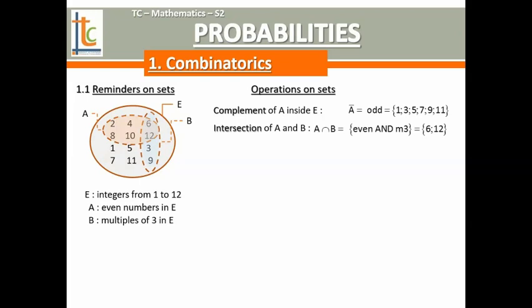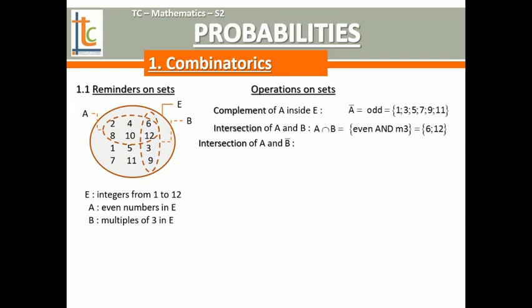And we can notice that the intersection corresponds to the logical term AND. If you want an element to belong to A ∩ B, you have to be even and a multiple of 3 at the same time. So if you understood these 2 definitions, you can look for the intersection of A and B bar. Maybe notice that the bar means the negation of the set.